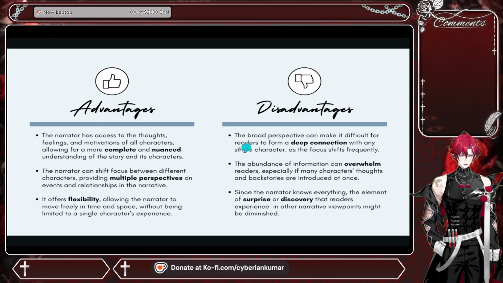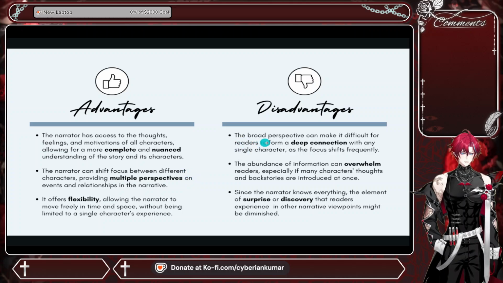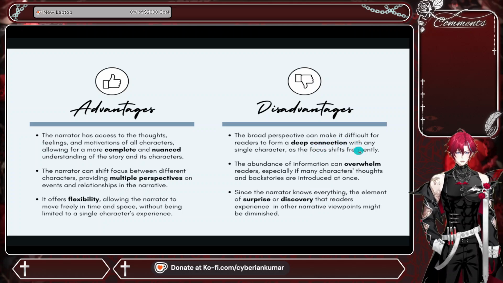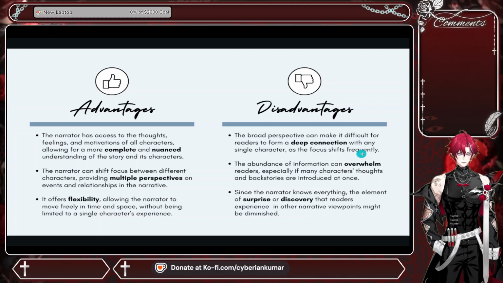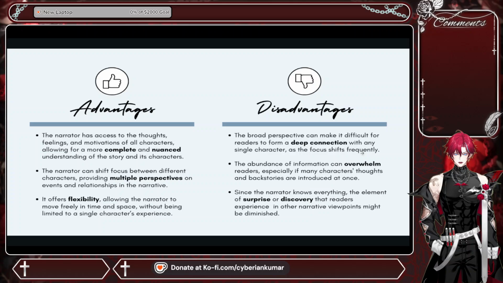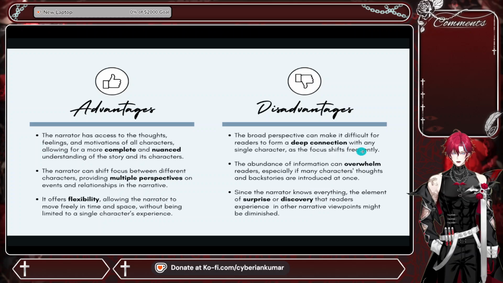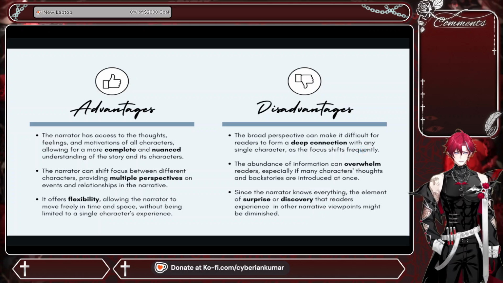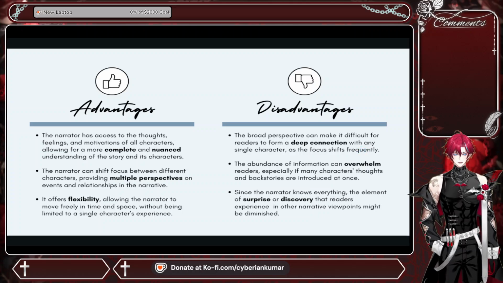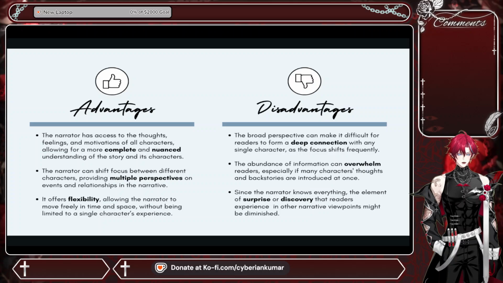Now, the disadvantage is that this is a very broad perspective and can make it difficult for the reader to form a very deep connection. If you are showing multiple different angles and perspectives in an omniscient way of storytelling, you will have a less deep connection with a single character in your story, because the focus is shifting frequently.